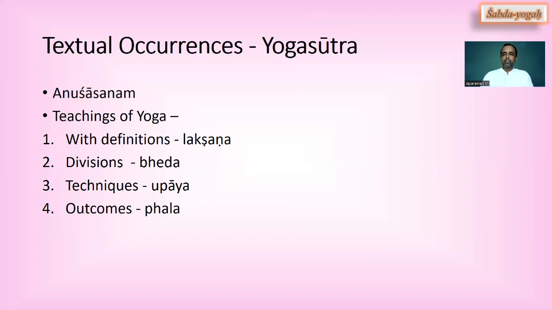So that Swarupa Pratishtha Kaivalyam, that higher Mahaphala, is also presented along with the so many minor benefits. So a text or an instruction which is studded with various benefits. So that is Anushasanam.